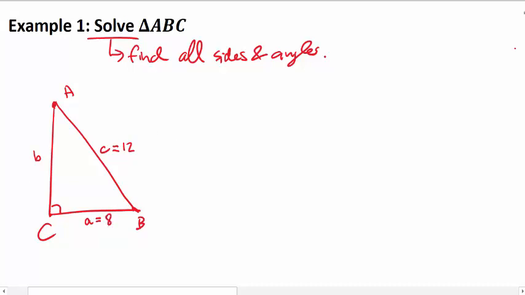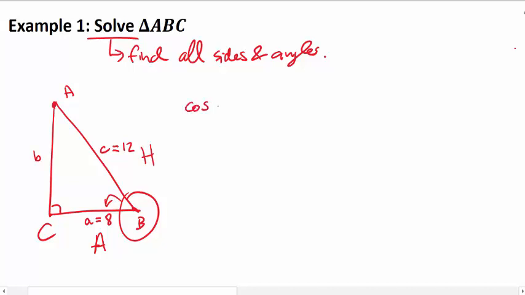So now I want you to solve this triangle, so you have to basically find all the angles, find all the sides. Now let's try to find an angle first, and we'll find angle B first. So let's take a look. If I choose angle B, this side right here is my adjacent, this side over here is my hypotenuse, so that is CAH.